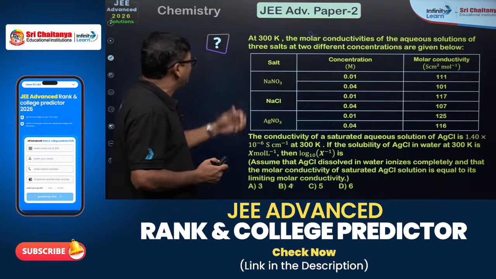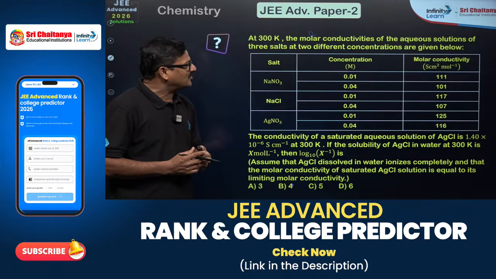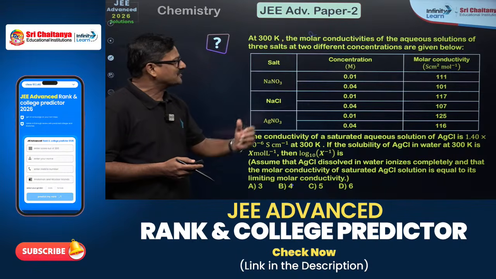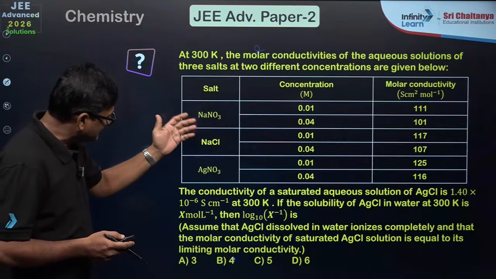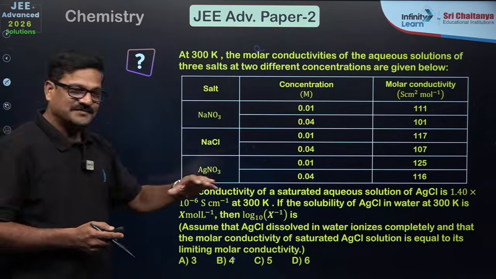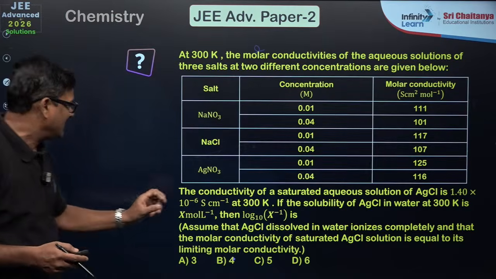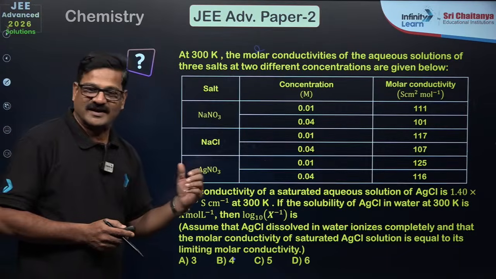So moving ahead, the first question: it is given that at 300 Kelvin, the molar conductivities of the aqueous solutions of 3 salts at 2 different concentrations are given, NaNO3, NaCl, AgNO3. And the conductivity of the saturated solution is given as 1.40 into 10 power minus 6 at 300 Kelvin.